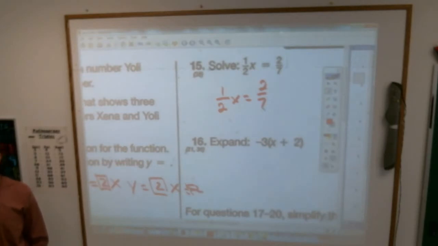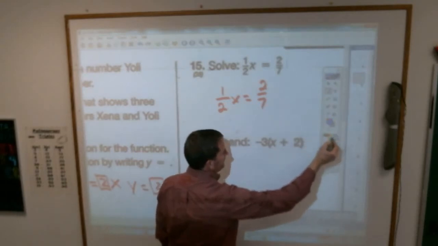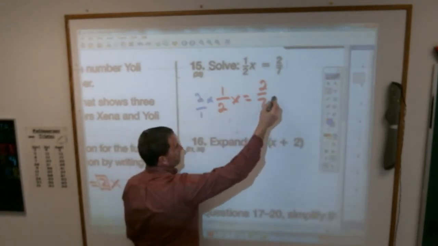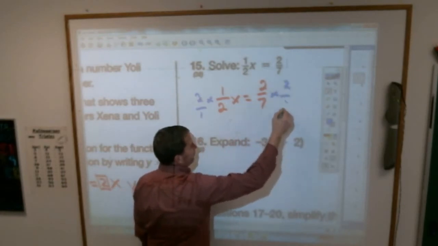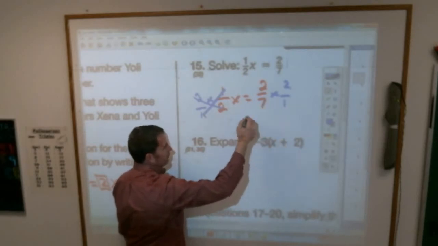When you divide by a fraction, what do you, Isabel? Well, you want it to cross off, so you flip and multiply, which is what division is, but we just skip that here. Flip and multiply, that makes these cross off. 2 sevenths times 2 over 1 is 4 sevenths.